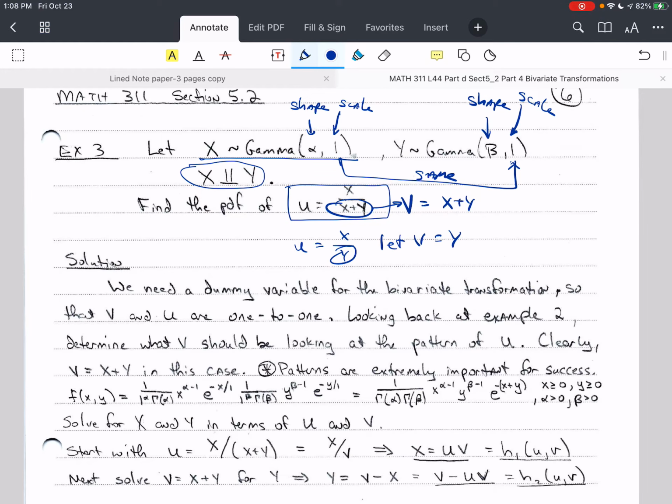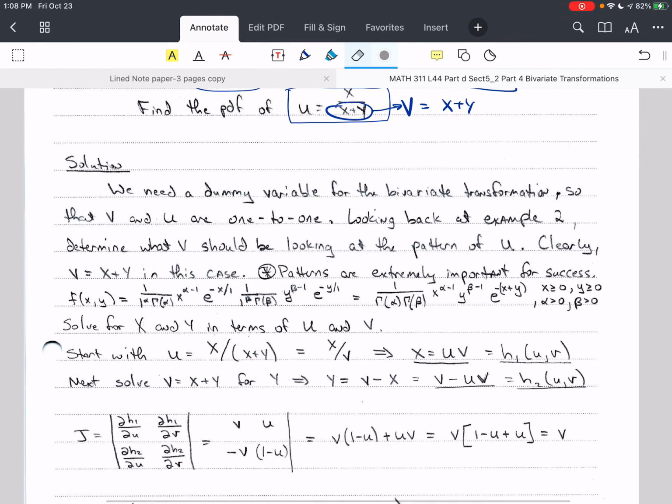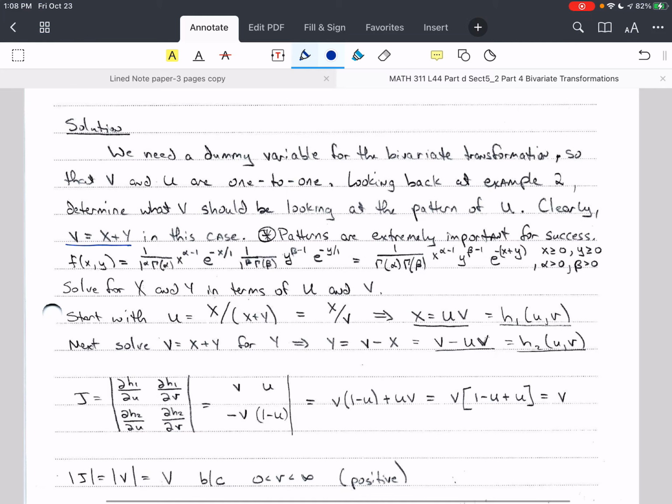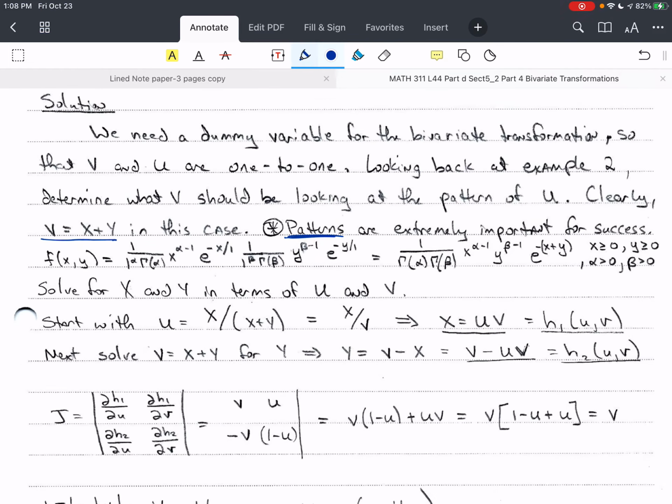And that pattern works. So it's the simplest we can do. V equals X plus Y is certainly a one-to-one function. And U equals X divided by X plus Y is a one-to-one function as well. All right. So looking back at example 2, that's how we determine what V should be in this case. Okay? Remember that the patterns are what we're looking at. They're very important for you to be successful in this section and the rest of this course.